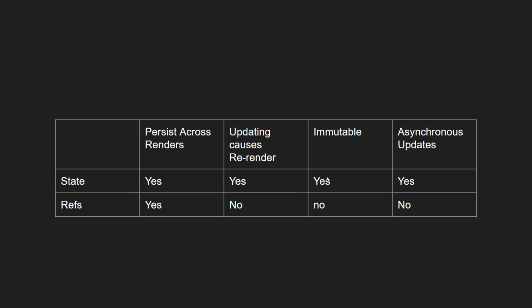Immutable means the state is immutable, whereas the refs are not immutable, so we can update them using the dot current property. Asynchronous updates means the state variable is updated asynchronously, so we cannot use the data immediately after updating it, whereas refs are synchronous, so you can use the data immediately after updating it. So this is the main difference between useState and useRef.